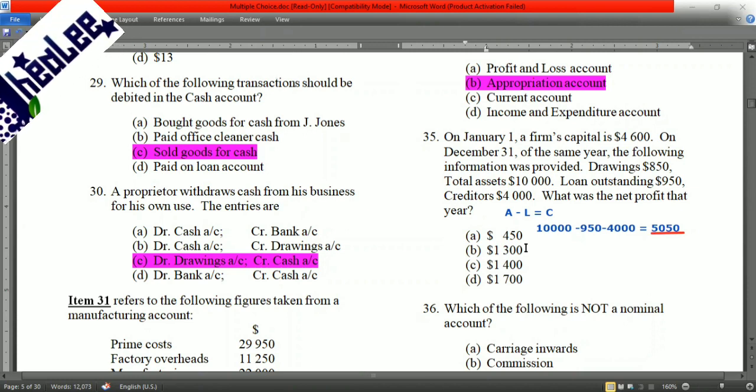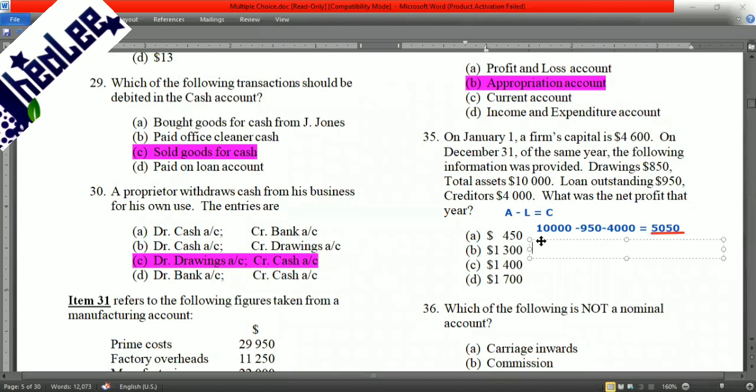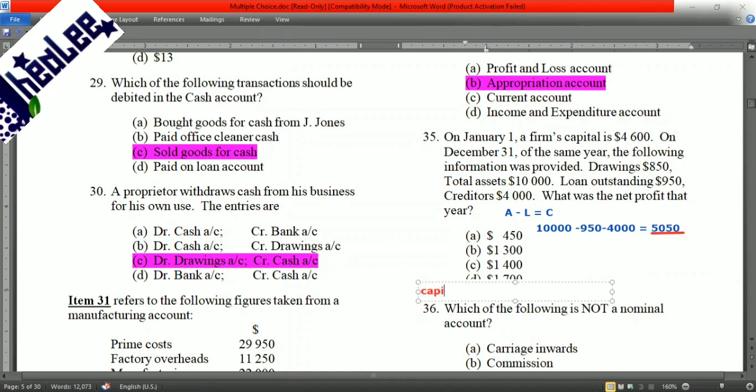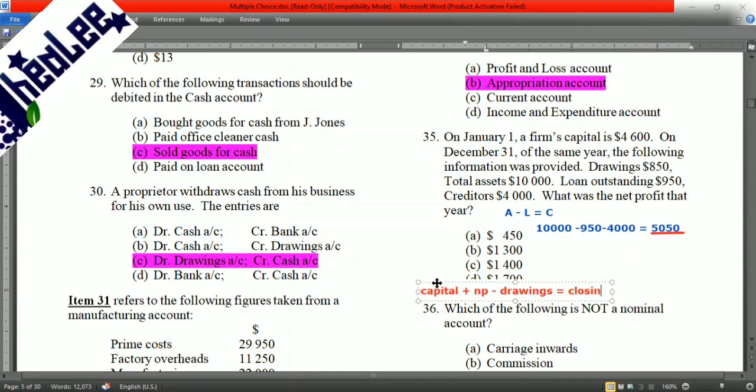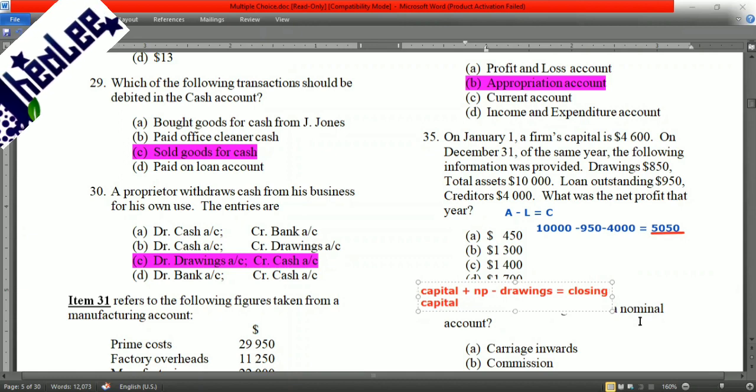net profit. But in doing that, we have to use our financial accounting knowledge, and that is the capital. So the formula is capital plus net profit minus drawings, and that would give us closing capital. And remember, our closing capital was already ascertained, which is $5,050.